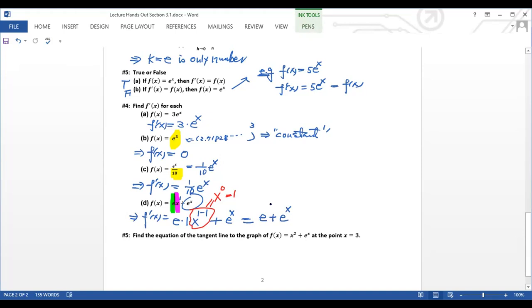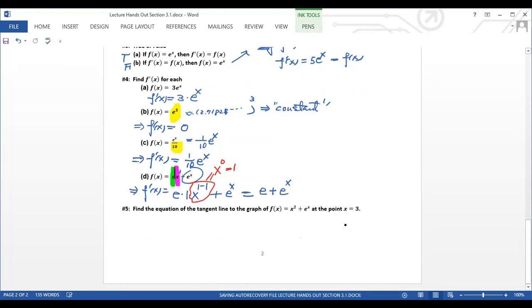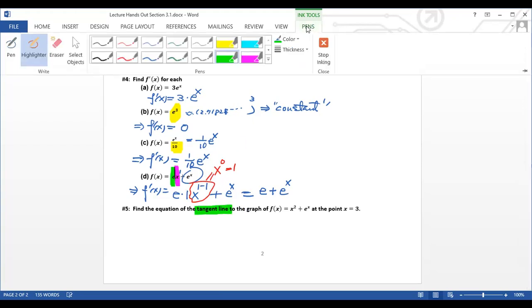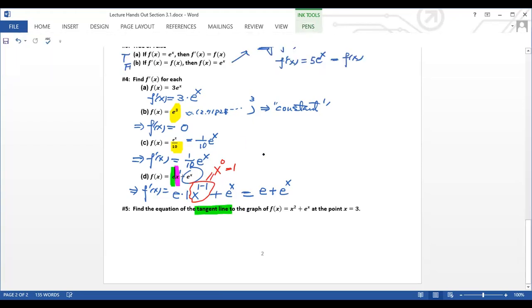Now let's take a look at the last one here: find the equation of the tangent line to the graph. Remember, in order to find the line, we have to have the slope of that line. What is the slope of the tangent line?